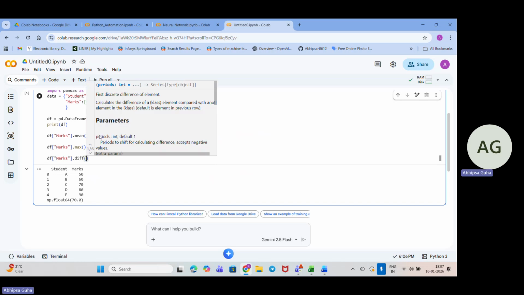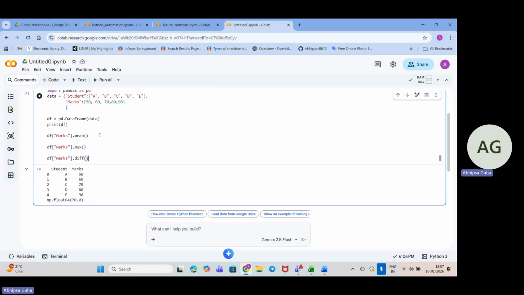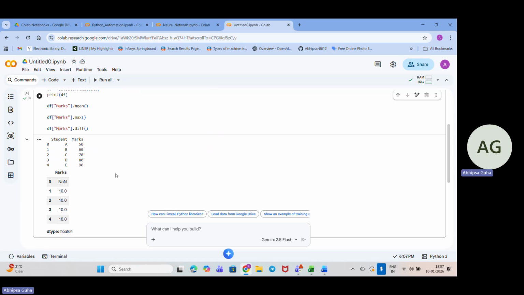Difference between the numbers, I want. Right. So now this is how I am trying to print. You can see here we have got these values. Now it is coming down with marks like this. This is 10, 10, 10. So there is a difference of 10 that we can see.